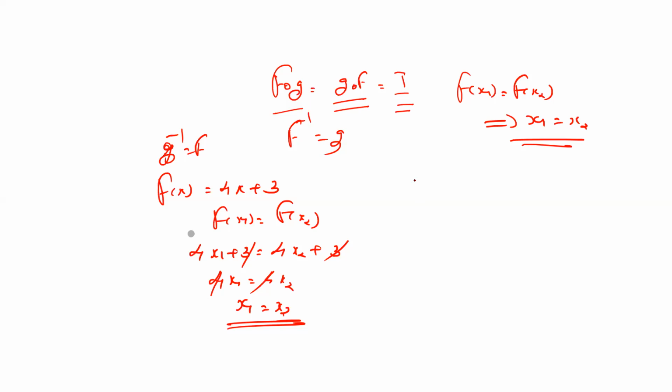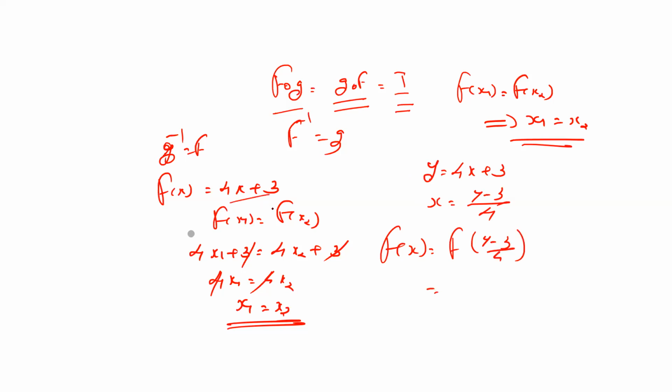Now onto. Same as the previous problem, you take y is equal to 4x plus 3. So x is equal to y minus 3 by 4. Now you find out f of x. f of x is equal to f of y minus 3 by 4. What is our f of x? 4x plus 3.